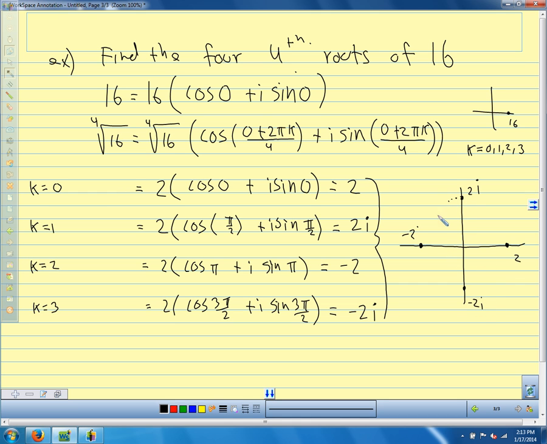Our solutions end up on a circle in the complex plane. The radius is 2, and each root is separated by 2 pi over 4, or pi over 2 units.